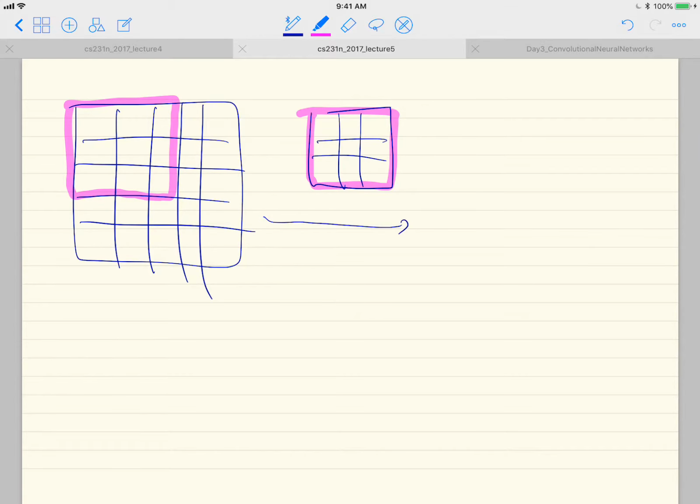If we apply our filter at that position, we obtain an activation as a scalar value at that particular position. And you can think of this value as belonging to this single pixel in our input.